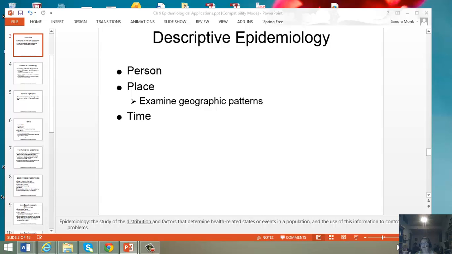Those are pretty generic descriptive factors we look at in epidemiology. We also may look at place to examine geographic patterns, weather, location, and other factors. In time, we may be looking at different trends, at different points within an epidemic.